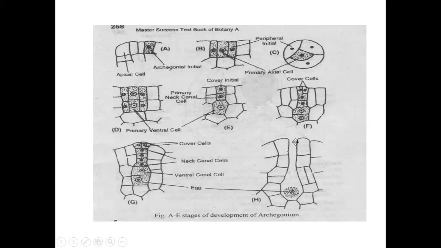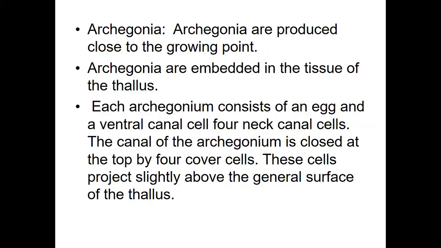When these antherozoids move towards the neck, along with the mucilage they move directly into the venter and fuse with the egg, leading to the formation of the diploid zygote. This process is called fertilization.